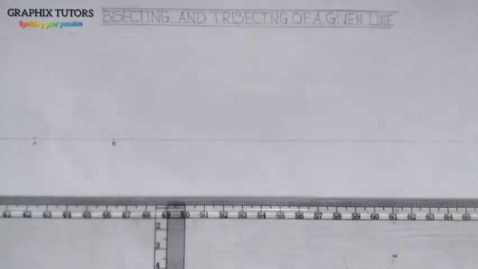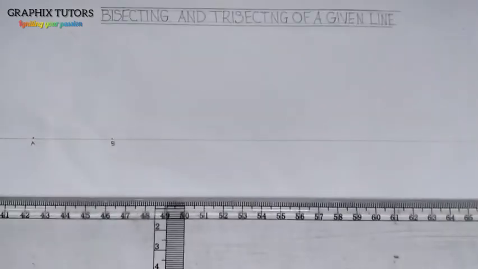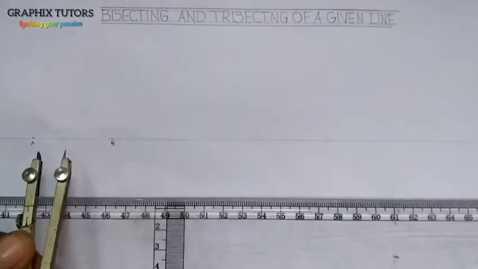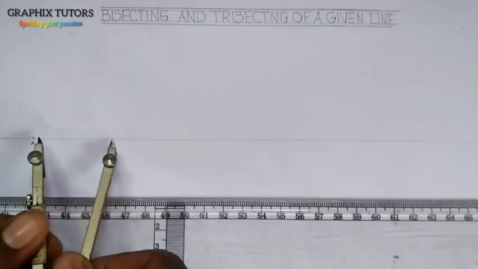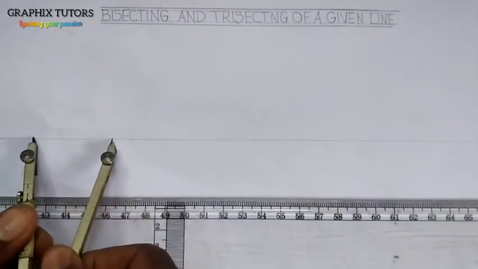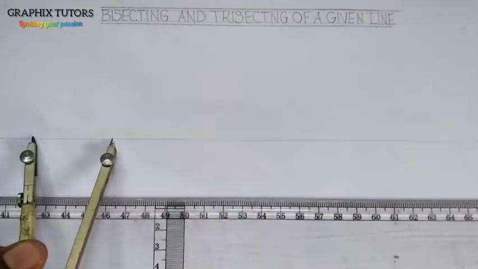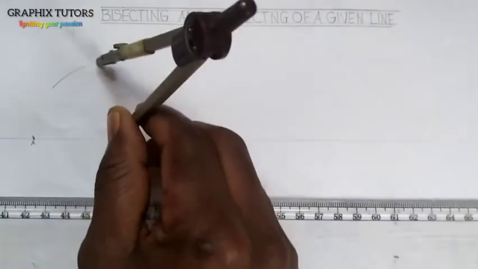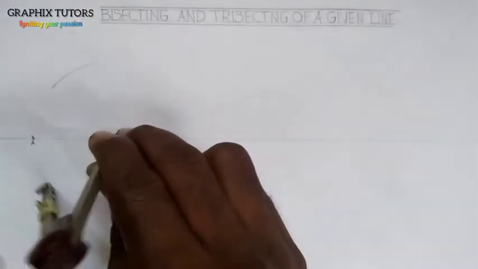And I'm told to bisect it. It means I'm told to divide it into two. So I'll take my compass and place it at A and B respectively. With this measurement, from here I will strike an arc up and strike an arc down.